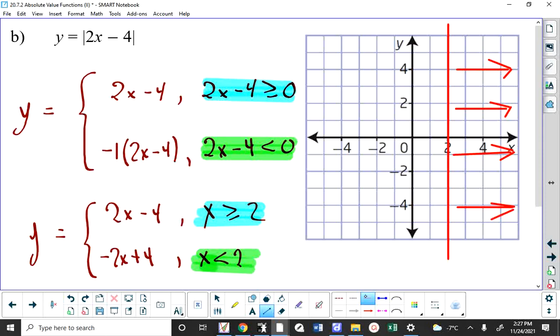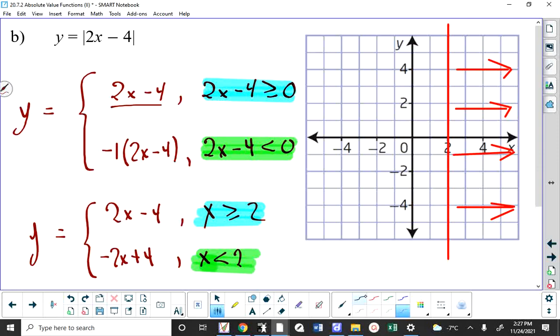This is what I mean by x is greater than or equal to 2. So if you were to sketch this function y equals 2x minus 4, any part of the function that's over there is going to be there. And any part that is not, we're not going to draw.